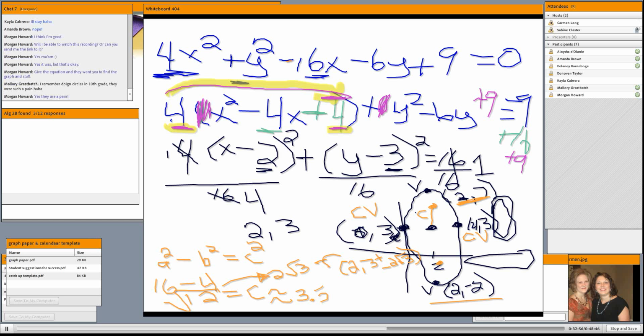Like, for instance, how about this one? (x plus 3) squared plus (y minus 9) squared equals 49.